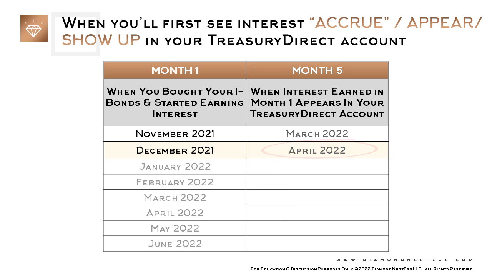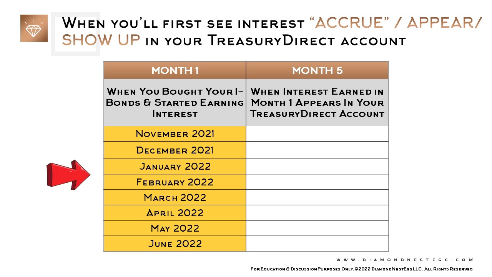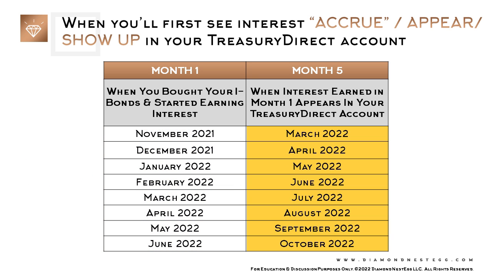And so on. Just look at this month 1 column here, find which month you purchased your I-bonds in, and to the right of that, you'll see the month when that month 1 interest shows up in your Treasury Direct account. If you're buying this month in June 2022, you won't see your June interest show up in your Treasury Direct account until October 2022.